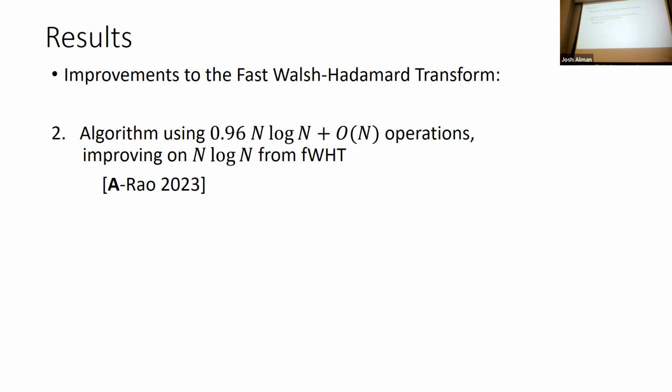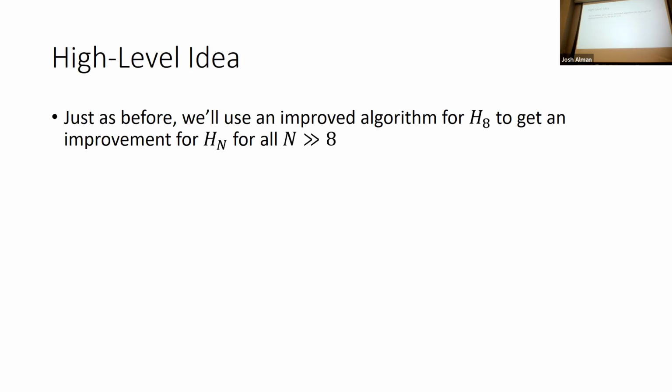Okay, so the high level idea is going to be very similar to what we just talked about. Just as before, we're going to use some improved algorithm for a fixed matrix like the 8x8 Hadamard transform and use it recursively somehow to get an improved algorithm for Hn for all n bigger than 8.